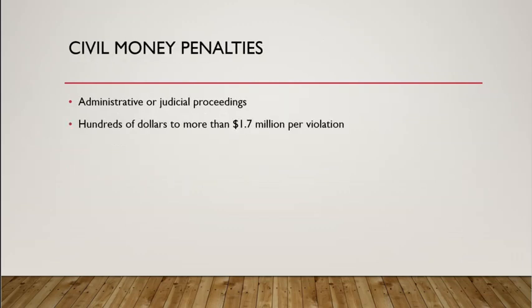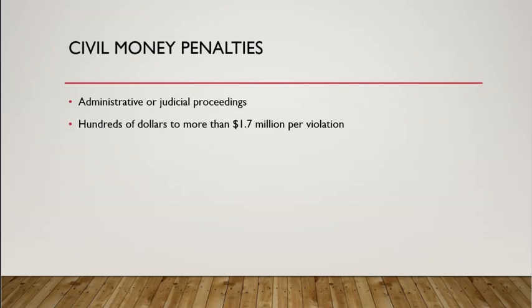One of the most powerful weapons of the FDA are civil money penalties. We'll study them in more detail later, but they always result after administrative or judicial proceedings that involve due process of law, such as notice of the issue, the right to a hearing, the right to confront witnesses, the right to present evidence, and a right to appeal.